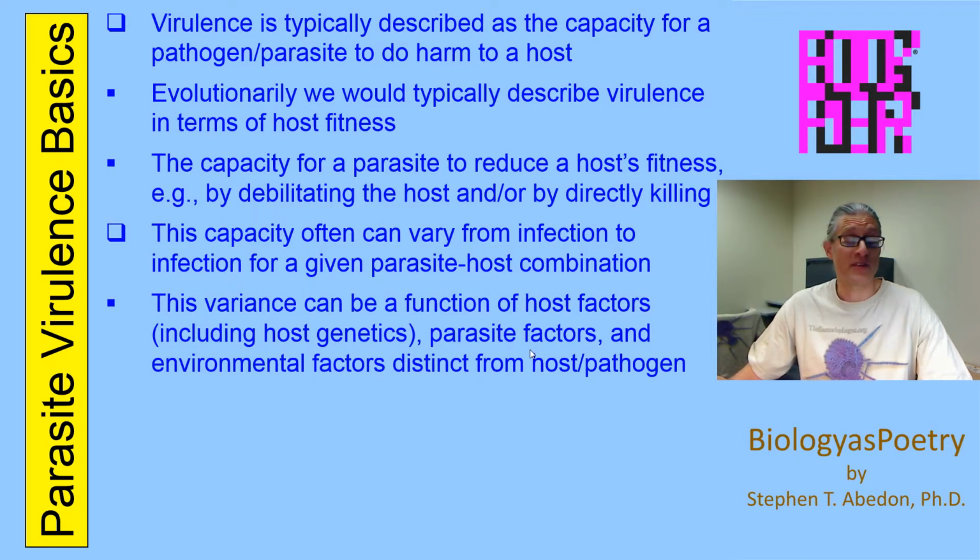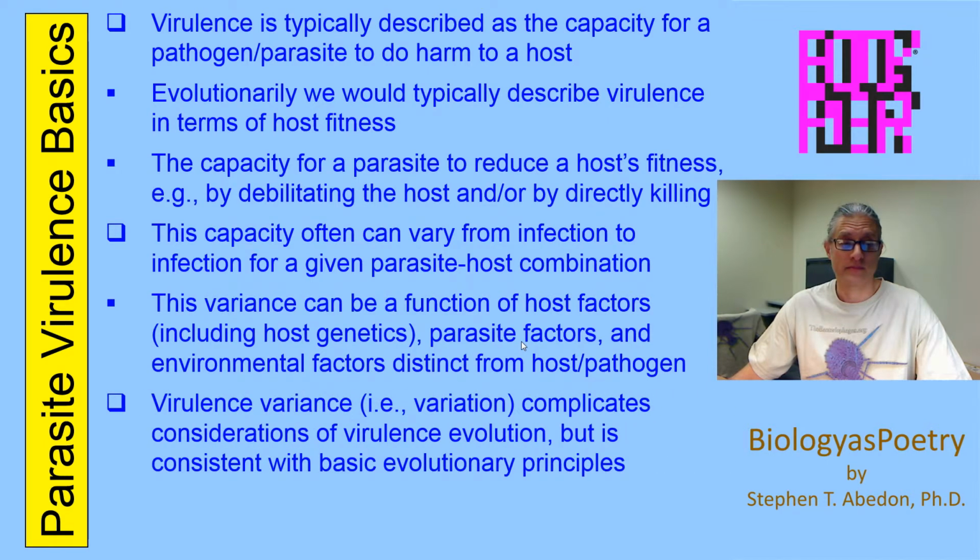And that level of virulence can vary, at least in part, as a function of parasite genetics, what alleles the parasite carries. Virulence variance, that is variation in the degree of virulence, the degree of disease cause, complicates considerations of virulence evolution, but it's nonetheless consistent with basic evolutionary principles.